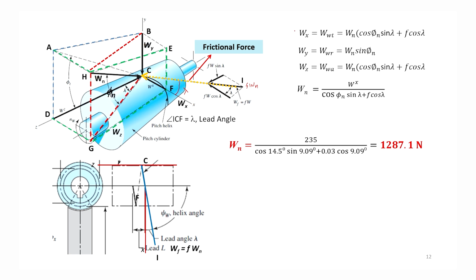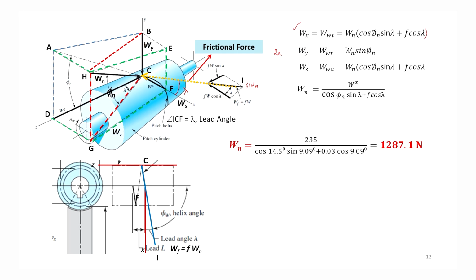So, the total force acting in the direction of x, which is WT, is given by Wn (cos phi n sin lambda plus f cos lambda), and the component of force which will act in the direction of y, which is the radial direction.